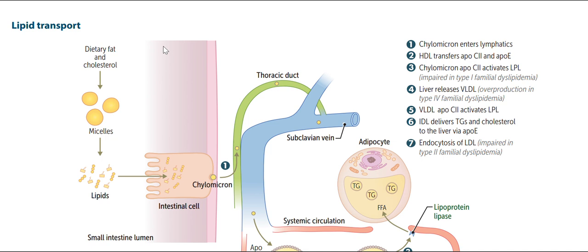So, there are three important features or functions of lipids. Do you guys remember those three? Firstly, they're responsible for maintaining the cell membrane. They help in formation of the cell membrane.